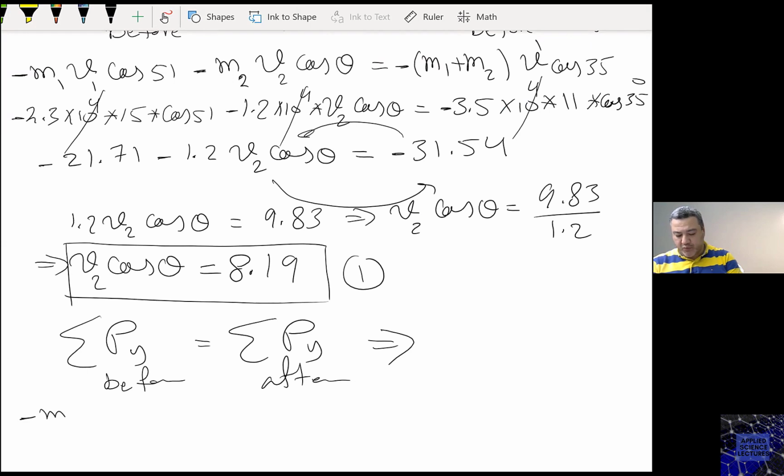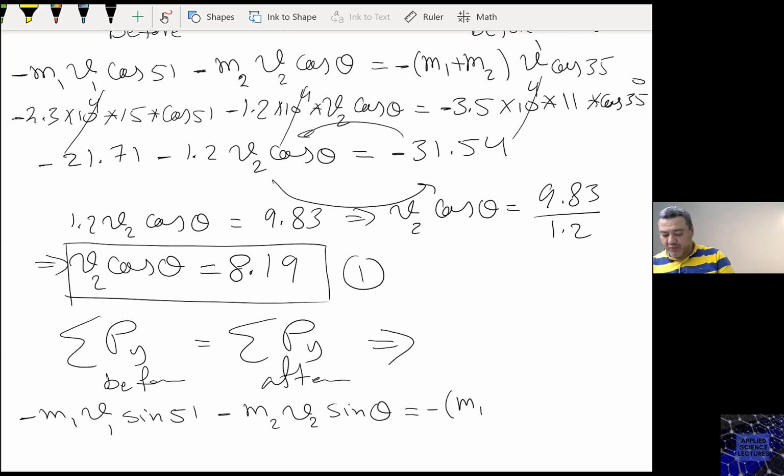Minus M1 V1 sine 51 minus M2 V2 sine theta equals minus M1 plus M2 V prime sine 35 degrees.